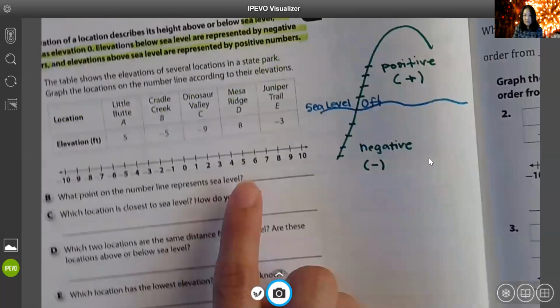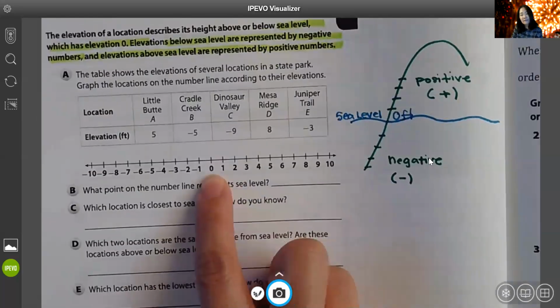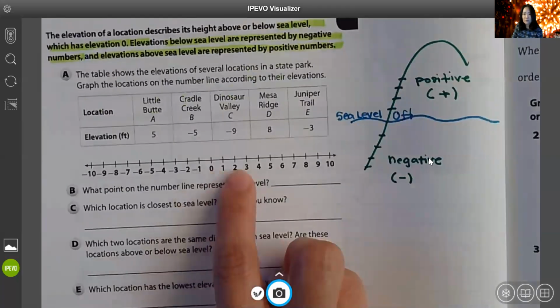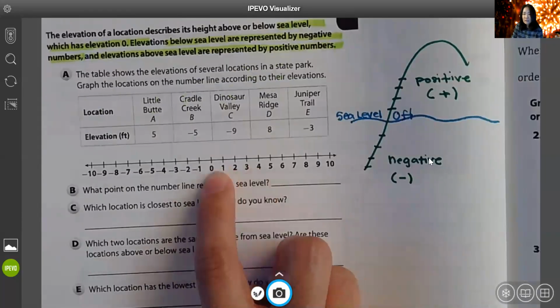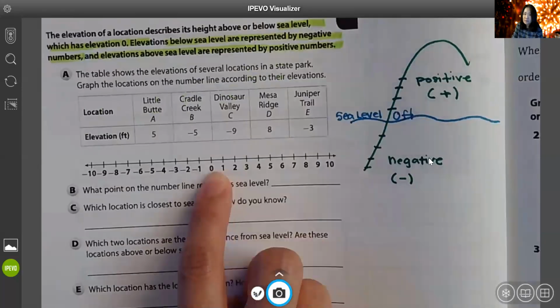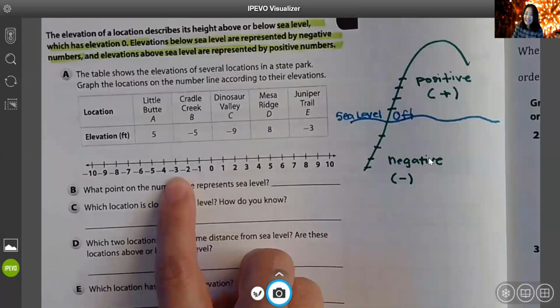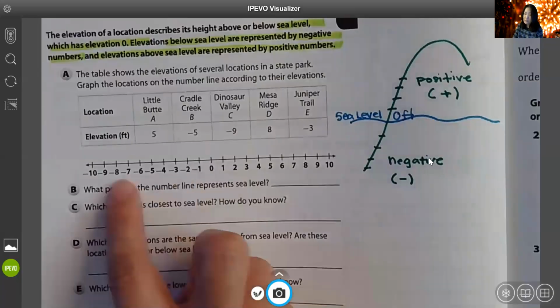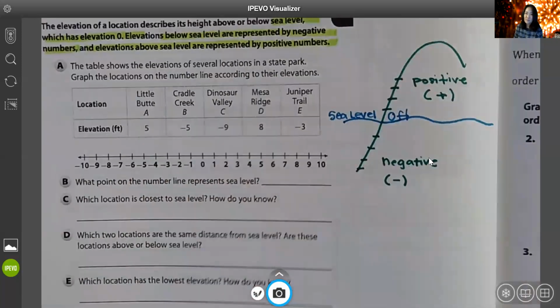I have 0 in the middle and the positive numbers going to the right: 1, 2, 3, 4. To the left I have the negative numbers: -1, -2, -3. All of these numbers are called integers, which we're going to talk about pretty soon.